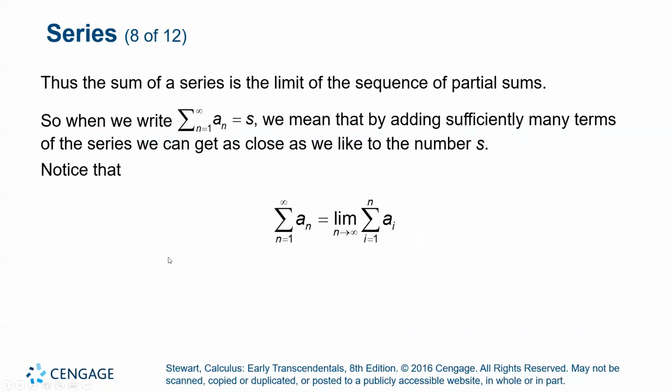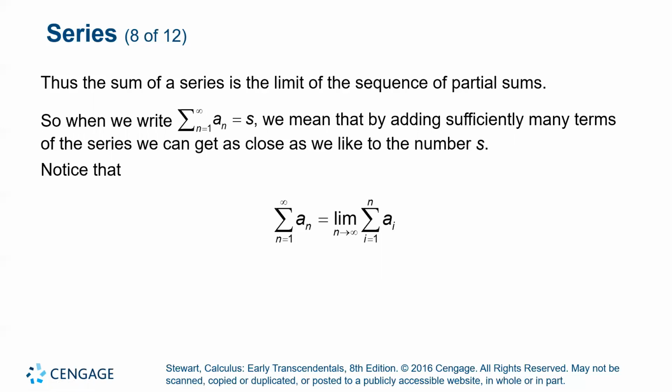Okay, so the sum of a series is the limit of a sequence of partial sums. I'm going to say that again. The sum of the whole series, the whole infinite series, is the limit of the sequence of the partial sums. The sequence of the partial sums is a listing of the sum of the n number of terms.